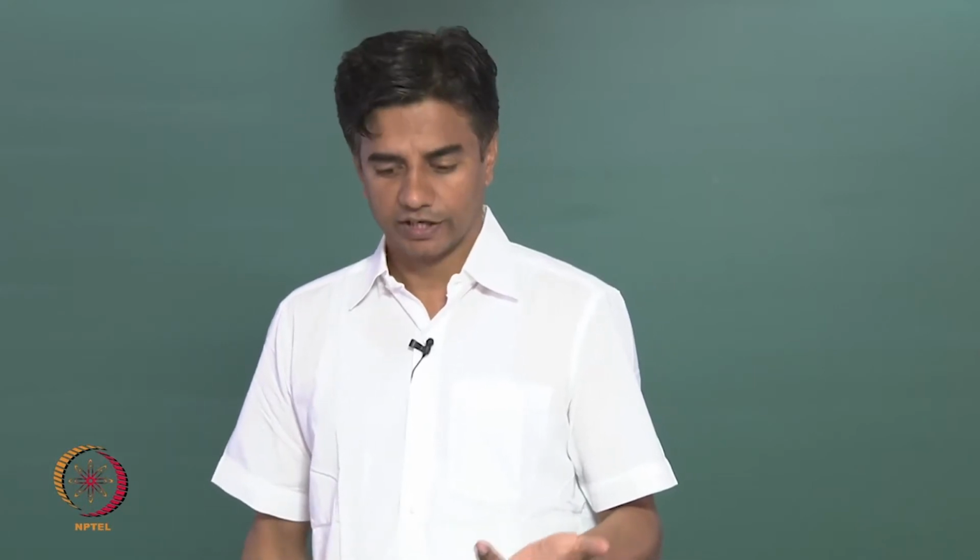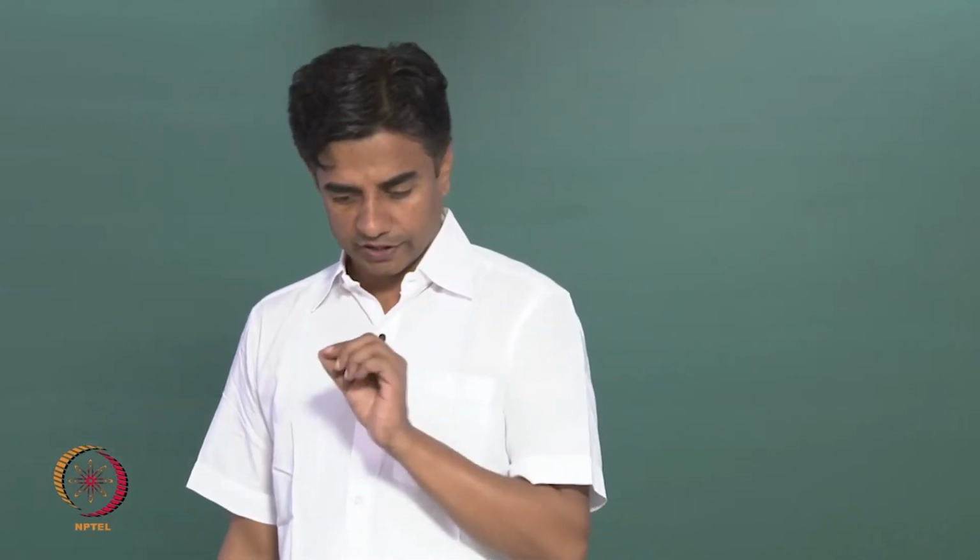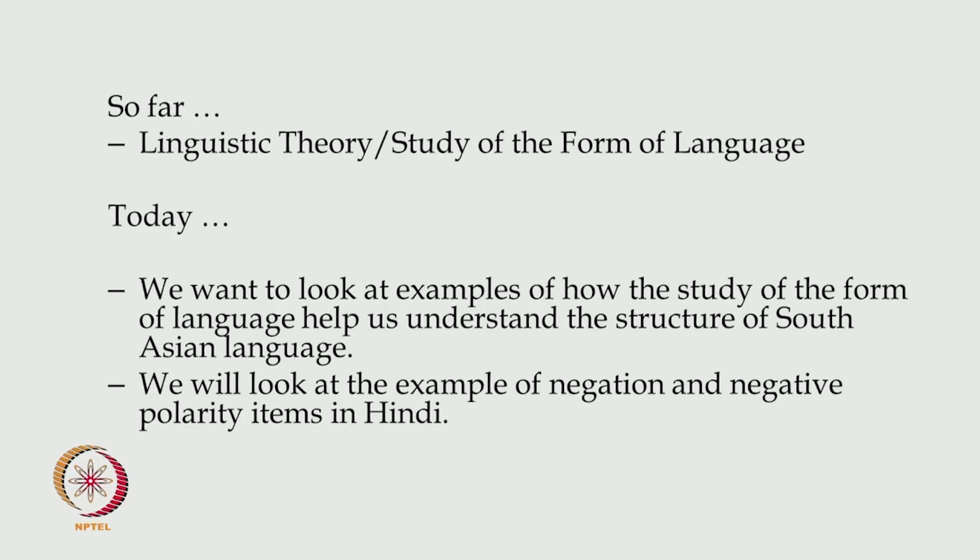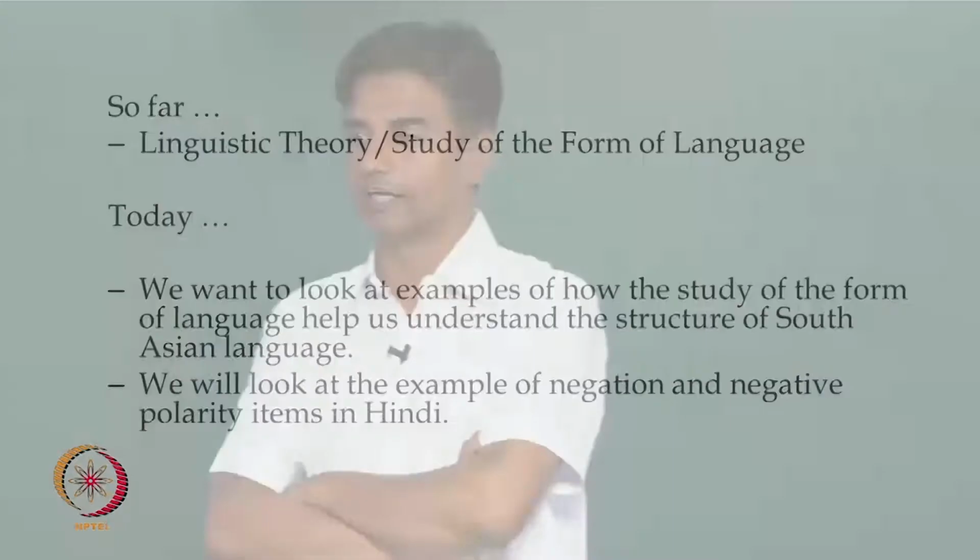I know in a very short class we have been able to look at the theoretical modules and several theoretical aspects, but we didn't get enough time to look at Hindi data or Tamil data or Telugu data or Malayalam data to see how they work, besides SOV and VSO and some genetic things.